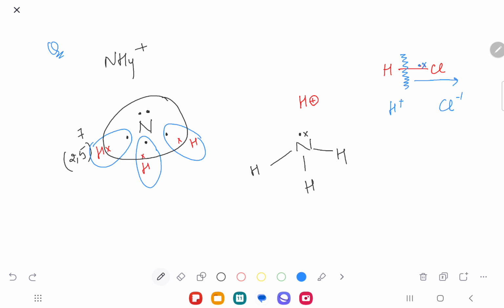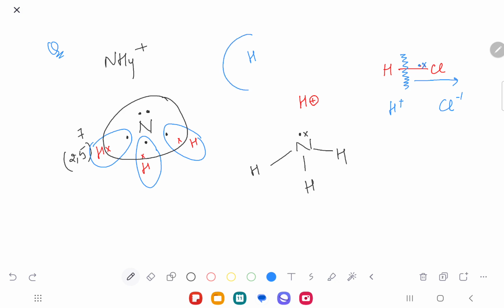So this H plus comes and attacks the lone pair, right? Now what is H plus? H plus is a proton.